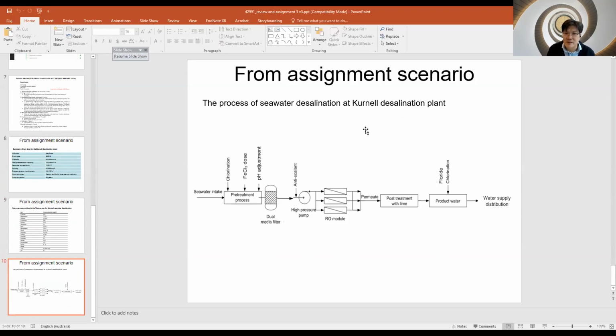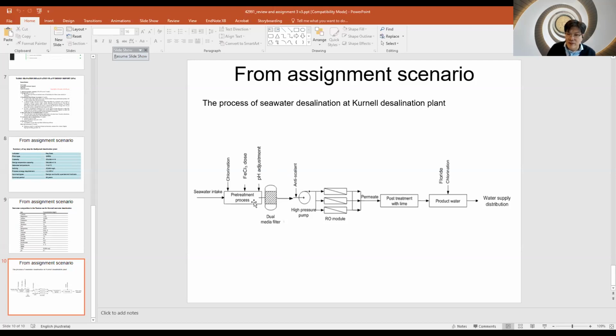And this is also an example. You can follow this flow diagram, and you don't have to follow exactly the same procedures. You can change the pretreatment to ultrafiltration.